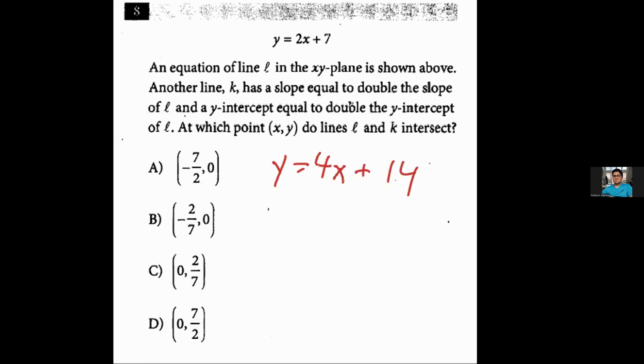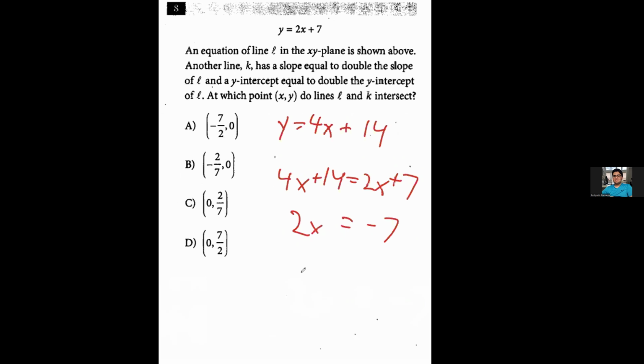We're asked at what point do they intersect? I would recommend plugging this into your graphing calculator and seeing where the two lines actually intersect. I'm just going to do this by hand because why not? So we have 4x plus 14 equals 2x plus 7. That gets us minus 2x. That gets us 2x plus 14 equals negative 7. That gets us x equals negative 7 over 2. Looking at the answers, the only one with negative 7 over 2 for x is answer A. So the correct answer for question 8 is A.